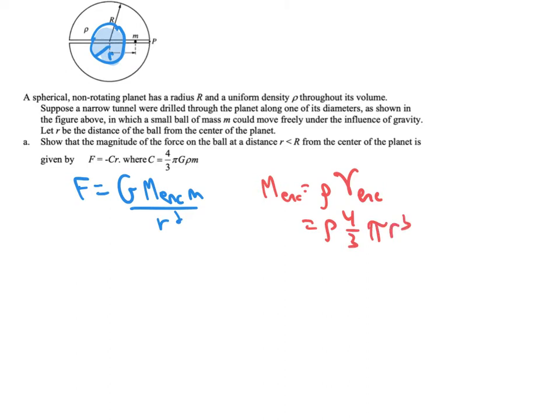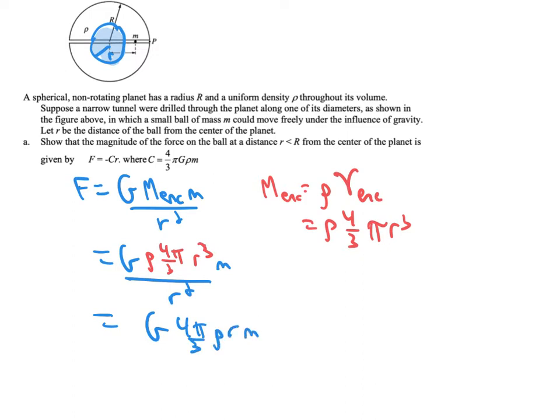So we put this back into the other expression, and we say this is G times rho times 4/3 pi r cubed times little m over r squared. Then some stuff goes away, most especially r cubed over r squared is just r. And so we get G 4/3 pi rho r m.